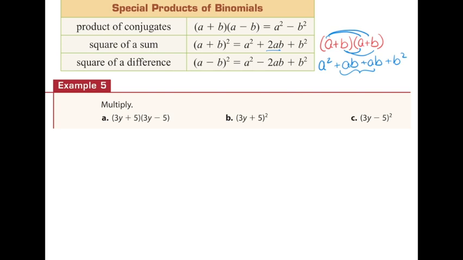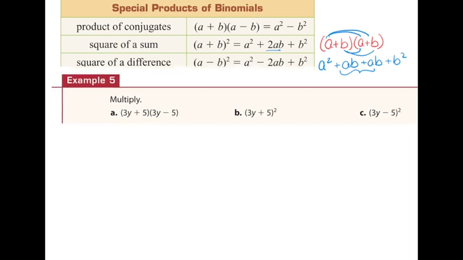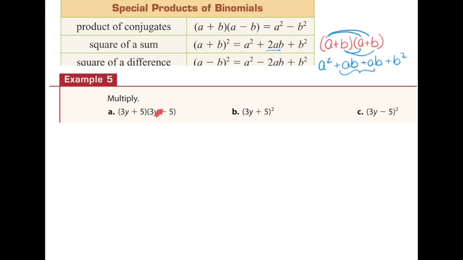So let's look at the multiplication of these. If I were to do the foiling here, I could do the first, outer, inner, last, but I could also recognize that these are conjugates. So this is going to be the difference of two squares when I am done with it. So instead of foiling it out, all I'm going to do is take the first term and square it.